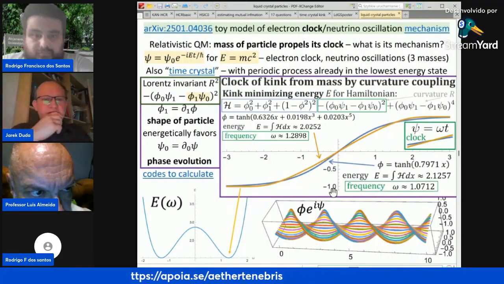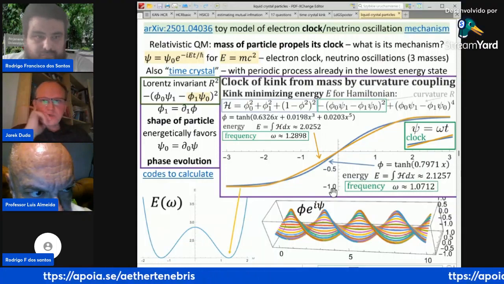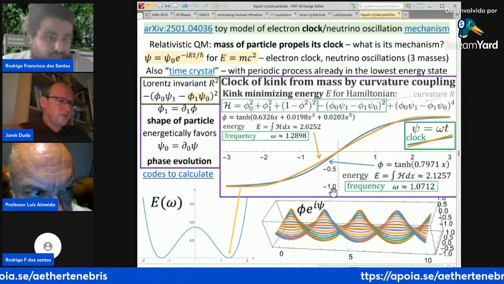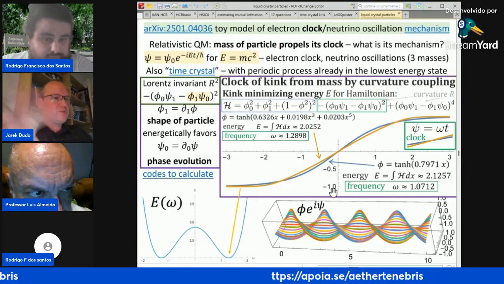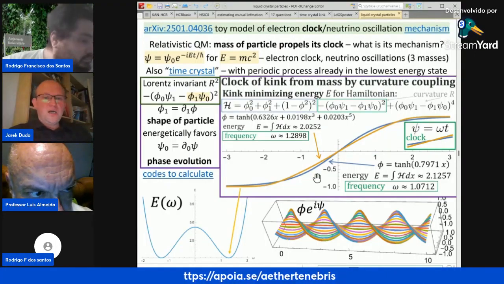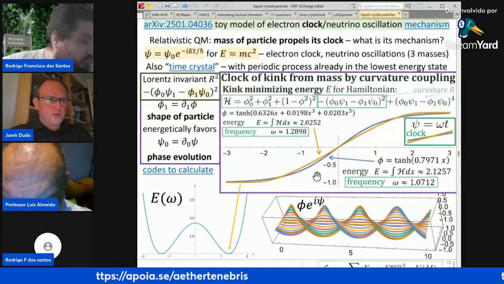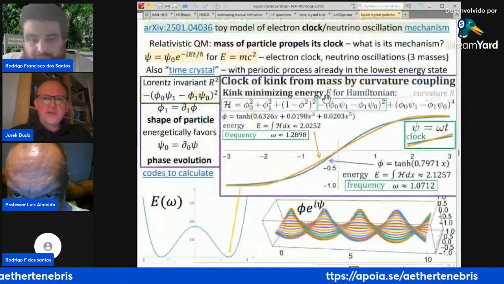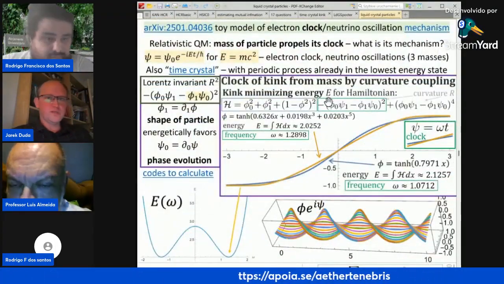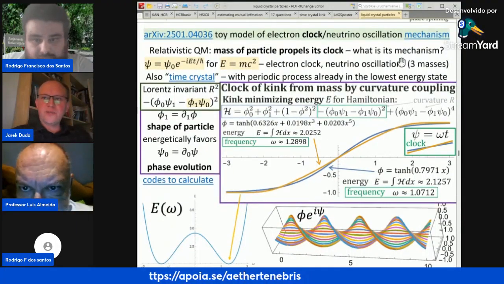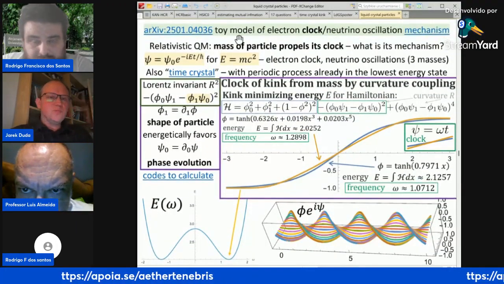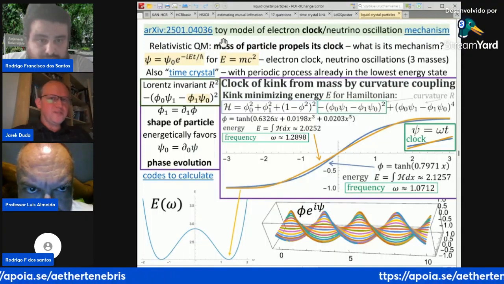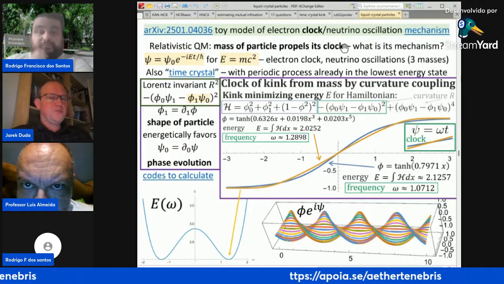So here is some model I'm using. Here is the toy model, and then there will be the full model. This toy model is inspired by the full model I have mentioned. So here is the full model with these negative terms, and this toy model is to understand the mechanics and briefly get what's happening there. We have this problem that in relativistic quantum mechanics, mass literally propels the clock.